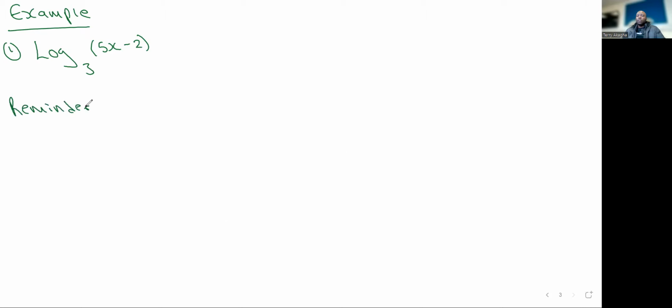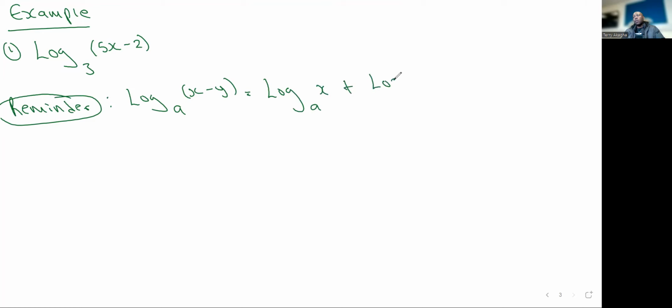All right, let's pick an example. Let's say we have log_3(5x - 2). Just to remind us, the formula is log_a(x - y) equals log_a x plus log_a(1 - y/x).